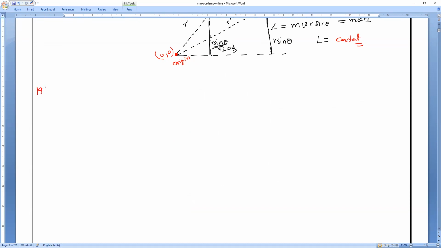This is a 1990 JEE Mains question. You can see that. All of you write: a ball of mass m is projected with velocity v at an angle 45 degrees with respect to horizontal.